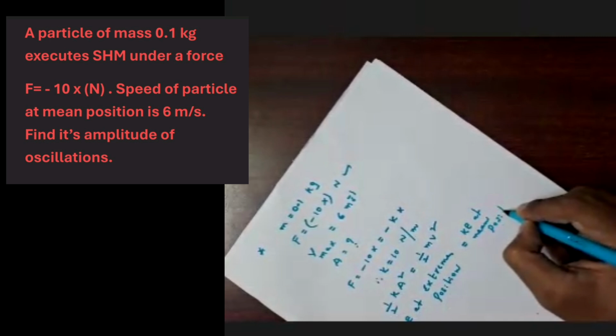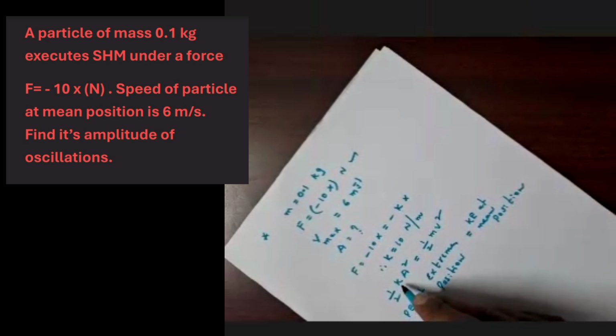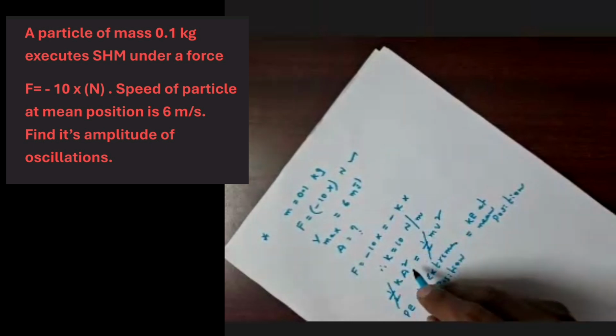According to the law of conservation of energy, the kinetic energy at the mean position is equal to the total energy, or the potential energy at the extreme position. Try to remember this carefully. With this, the half gets cancelled, and I require the a value.